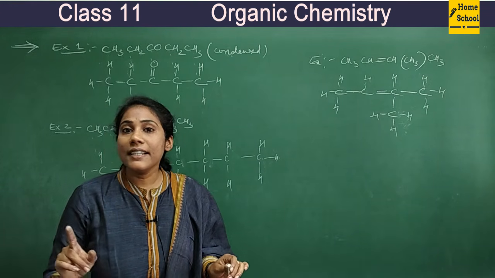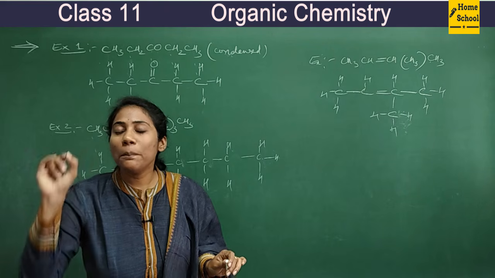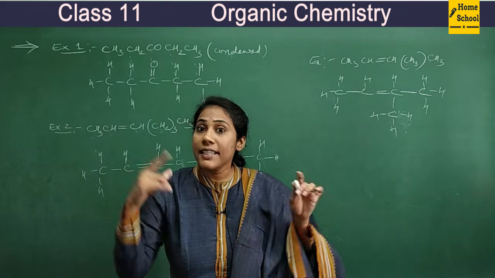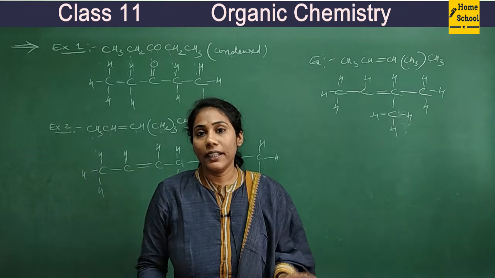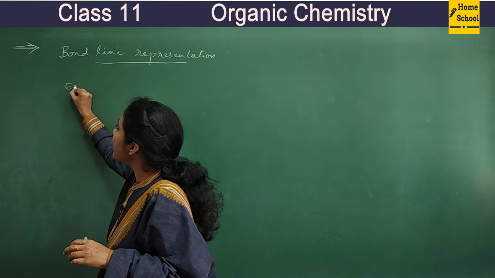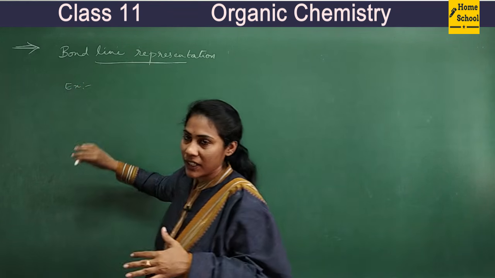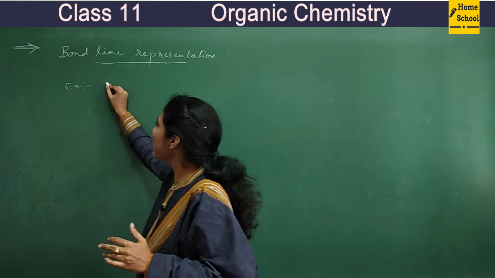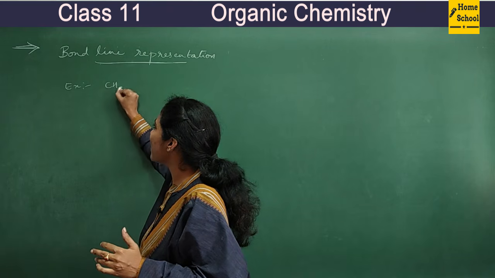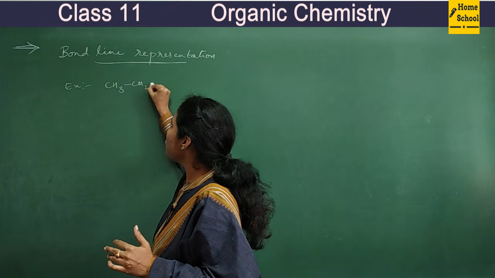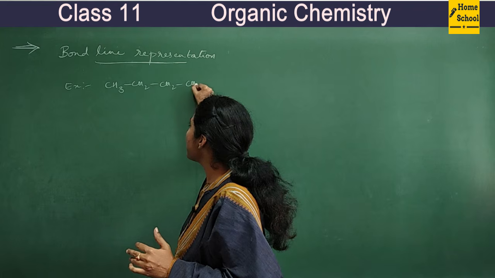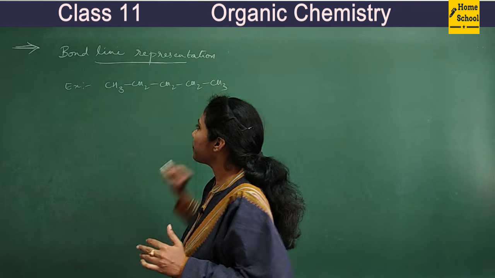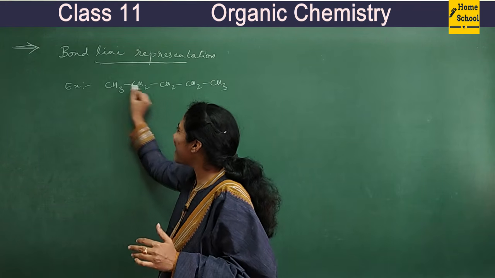And now let us understand how to write bond line representation. This is really very, very important. Guys, observe this example, how I convert this into bond line representation. Imagine I have a structure CH3, CH2, CH2, CH2, CH3. See, hydrogen bonds I didn't elaborate.